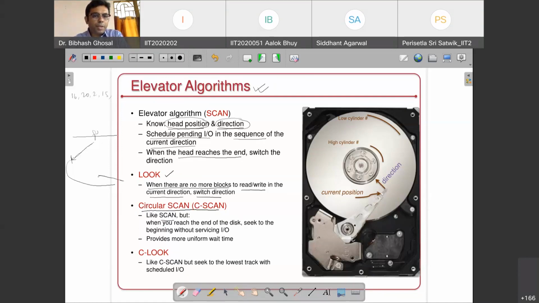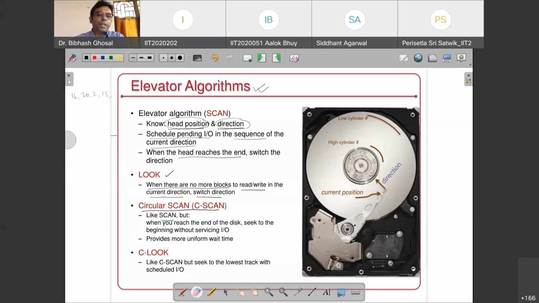It's like you give a shift and start from the other end. That's why it's called circular scan. The elevator takes one path, reaches the bottom, and then from the bottom starts moving upwards. But it's not like this. You reach the top, and then you completely switch over and start again from the other side. This is the circular scan.